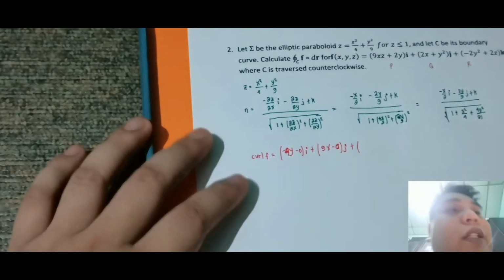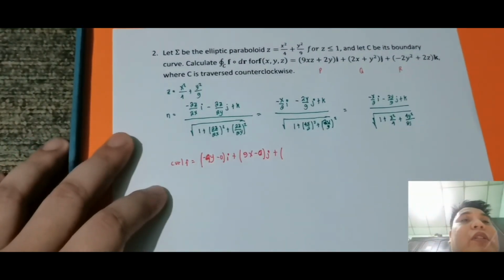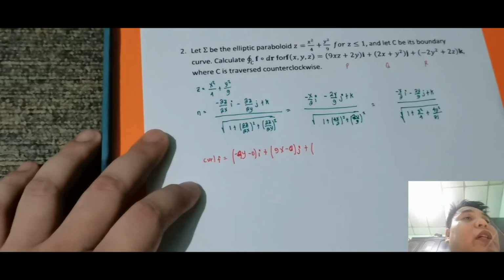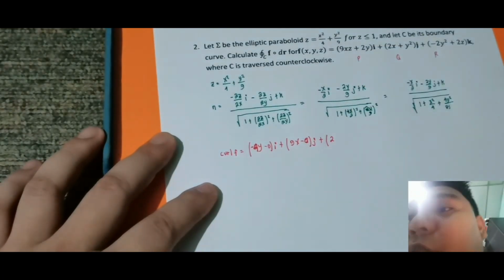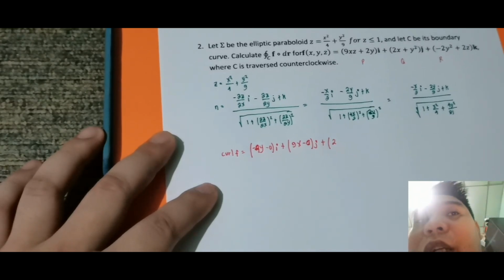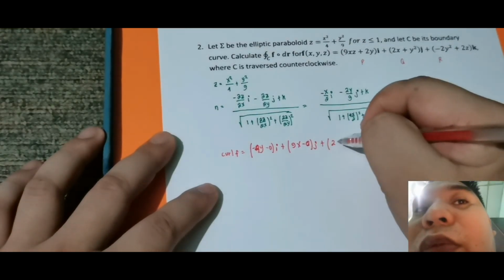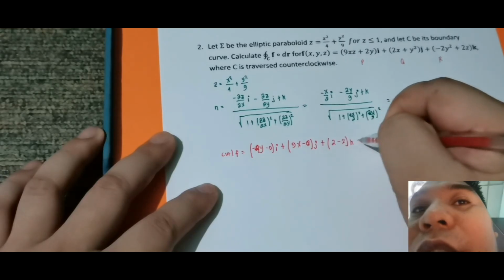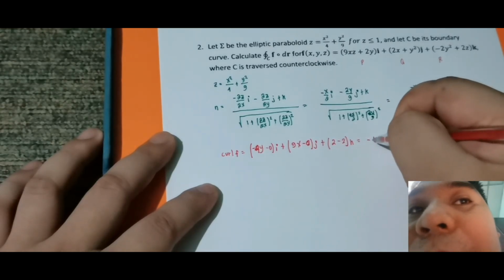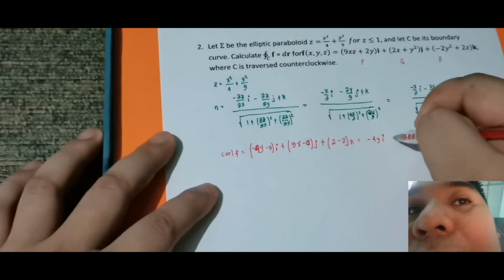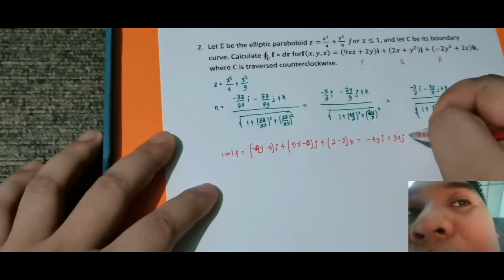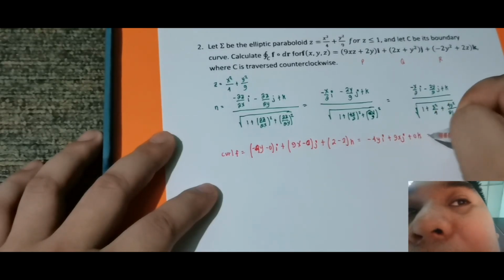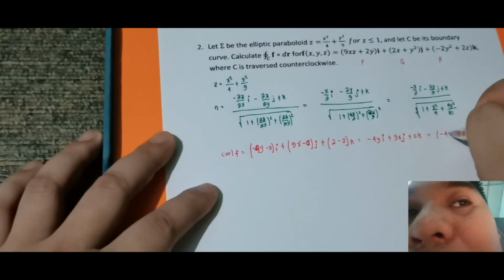Then plus partial derivative of q with respect sa x, that is 2. Then minus partial derivative of p with respect sa y, this is just 2. Then k. So this is simply negative 4y i plus 9x j plus 0 k, or simply negative 4y, 9x, then 0.